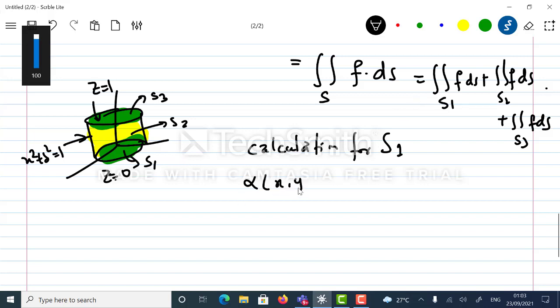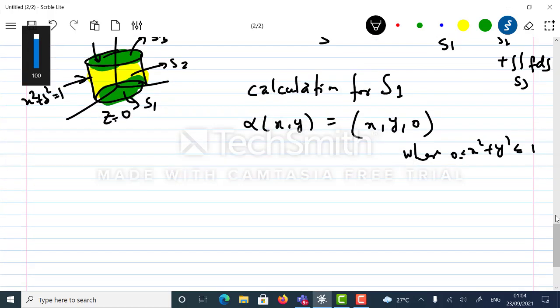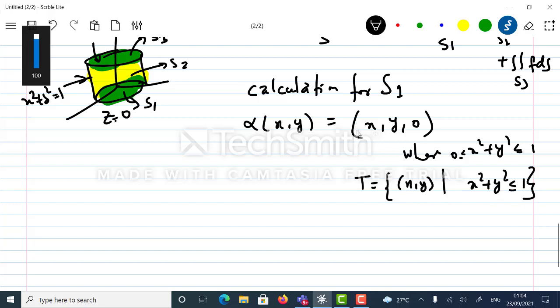This means I can have the parameterization alpha x comma y as x comma y, and z is 0, where your x square plus y square is less than or equal to 1. So you can have it this way. So projection here, basically T will be the set of all x comma y such that x square plus y square is equal to 1. So this is one way, or you may take polar transformation.